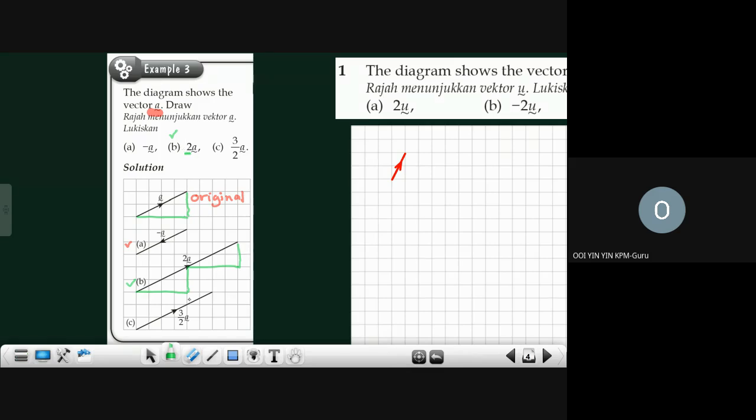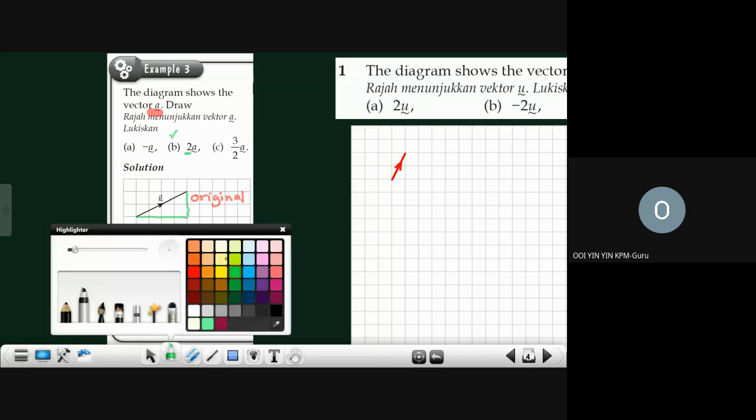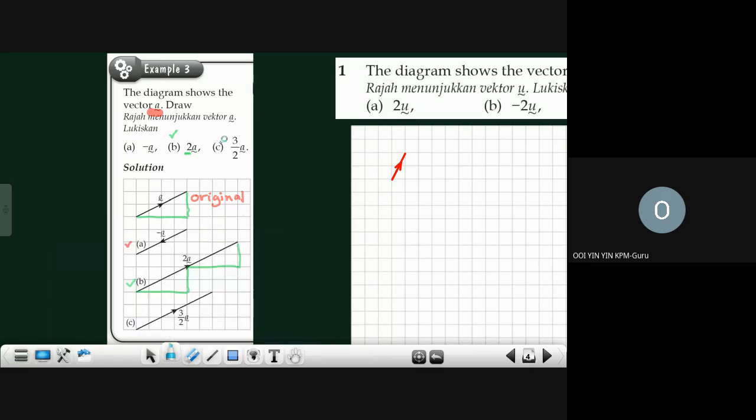Then the last one, 3 over 2. 3 over 2 is 1.5, right? So you see here, you have 1 here, and then this one half.